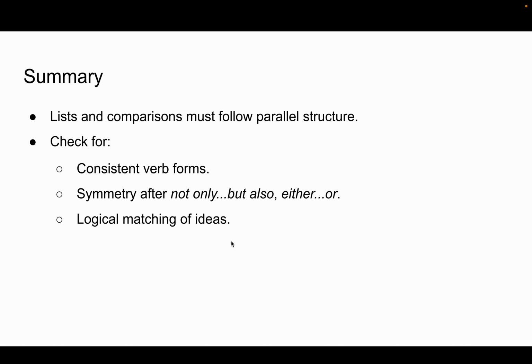And then the other last item would be logical matching of ideas. So those three items: lists, making sure that in the lists you have consistent verb forms, and you have symmetry after terms like not only and but also. Yeah. And so that is actually pretty much it for parallel construction.